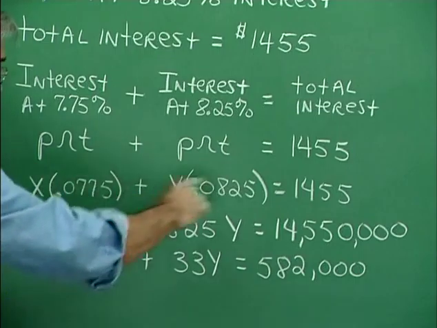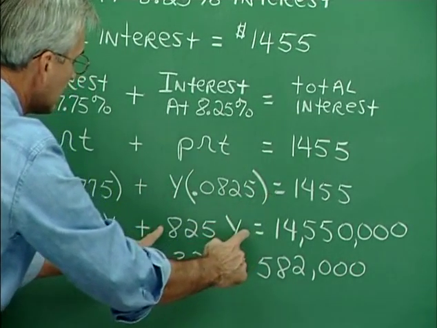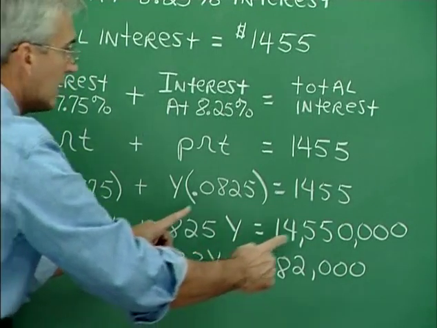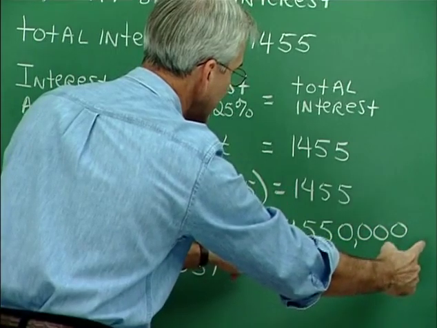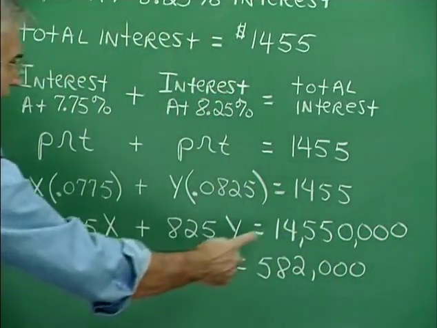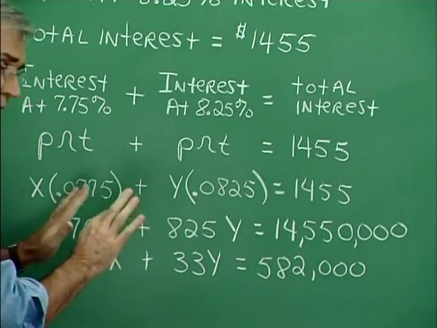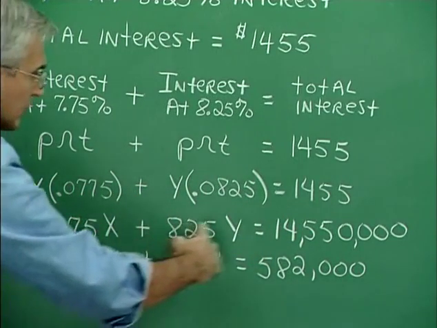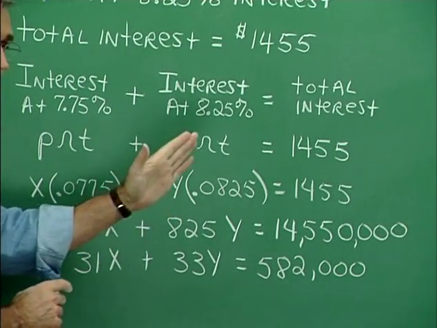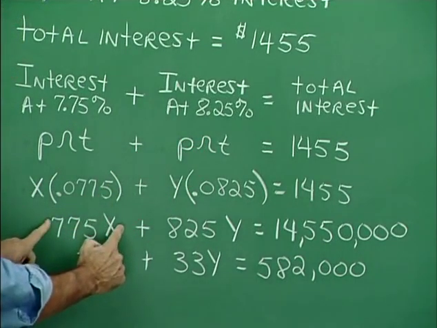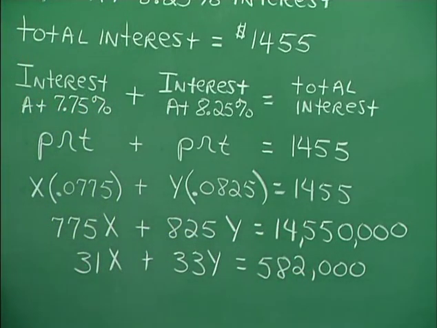So when we do that throughout this equation, this becomes 775x. And this term becomes 825y. And then this one, we have to tack on 4 zeros to the end of these digits, and we get a pretty big number. Now when you have big numbers like this for coefficients and a constant, look out for the possibility of dividing through by some kind of common factor. Now here I found that we could easily divide through by 25. So I divided by 25 here, here, and here, and it simplified things quite a bit.